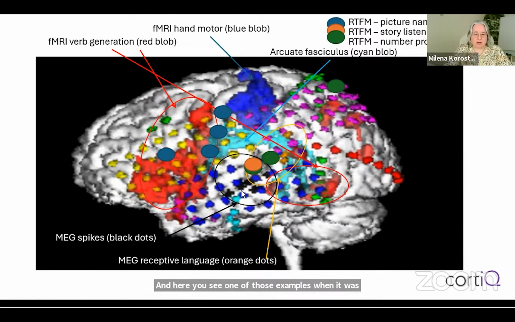So here are MEG spikes determined with MEG, in black dots, and we were worried about Wernicke's receptive language area. If there is a possible overlap, and we were getting information that was not really very concordant. So, for example, here you can see with the MEG, the orange dots. Yes, so this is language.